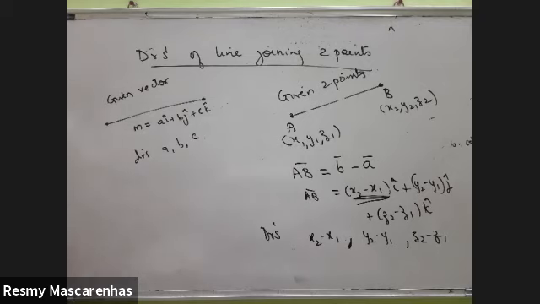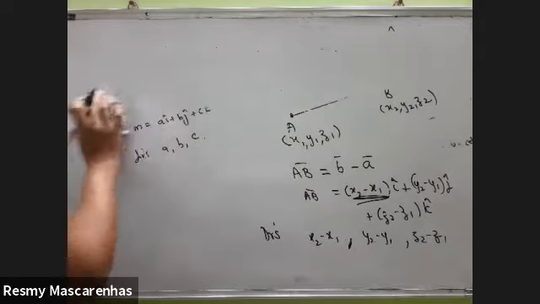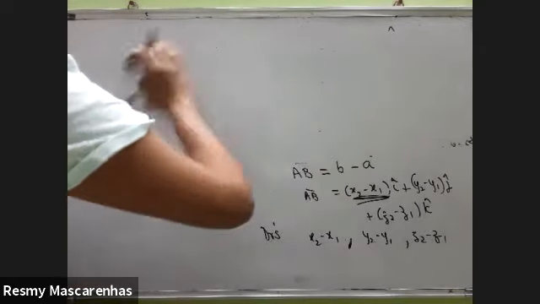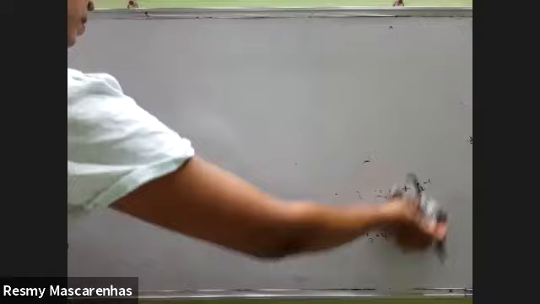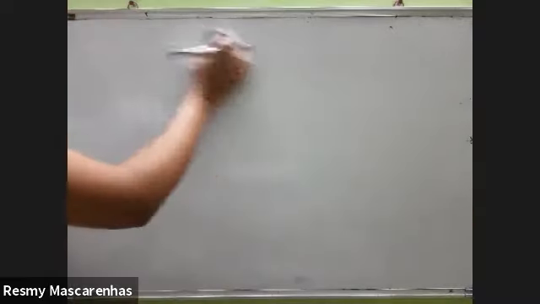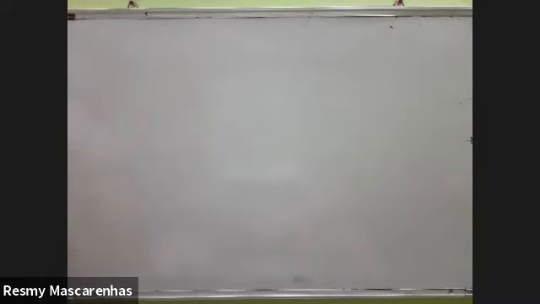Okay, so now based on whatever we have done, we'll be solving some problems. The first question is: a line makes angles of 60 degrees and 45 degrees with the positive directions of the x-axis and z-axis.